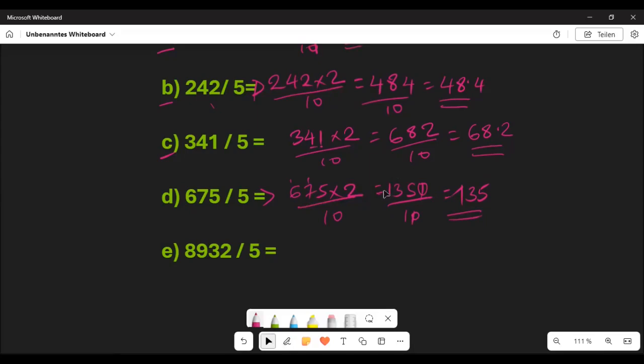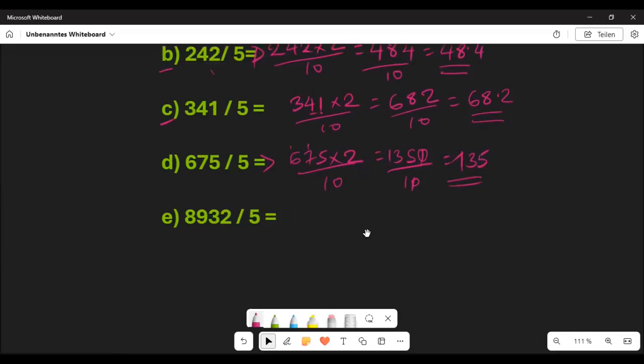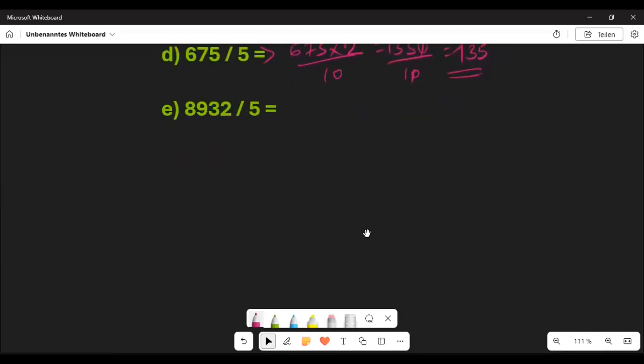Easy peasy. So let's go to the next one, which is E. It's the same procedure. For the last example, we have 8,932. We want to divide that by 5. Like I said, we quickly multiply that by 2, and then divide that by 10.